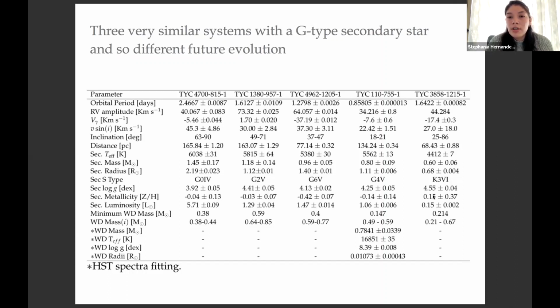Most of the triple systems have eccentric orbits and long orbital periods, but for the one I characterized here, it seems that the third component is not interacting at all with the post-common envelope binary, and the binary has a circular orbit.